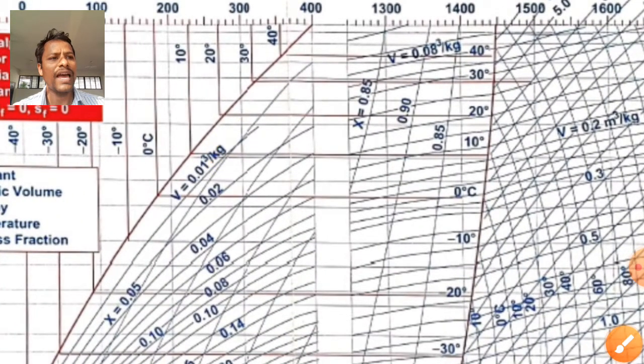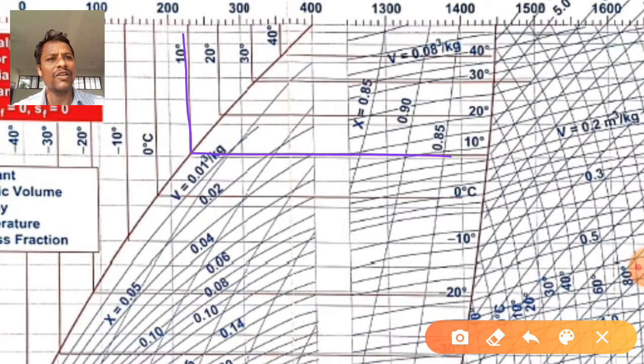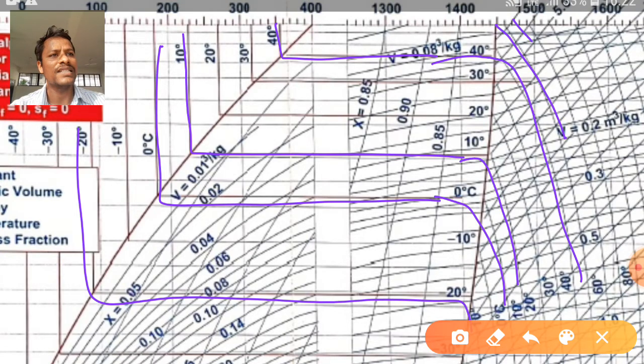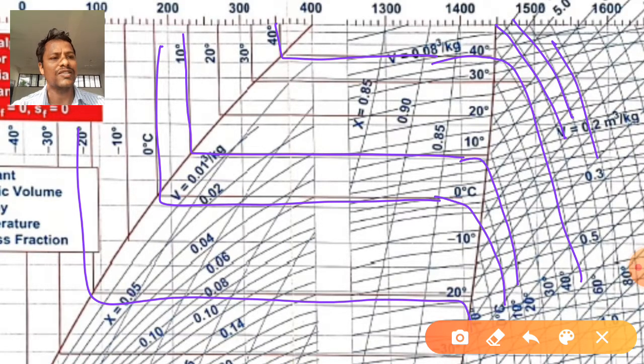We have a 10 degree Celsius line, a 0 degree Celsius line, a minus 20 degree Celsius line, and a 40 degree Celsius line. Then the next lines are 50 degree Celsius, 60 degree Celsius, and 70 degree Celsius constant temperature lines.